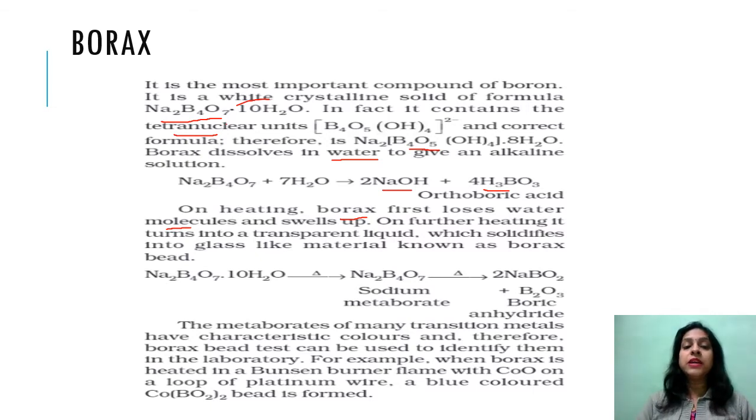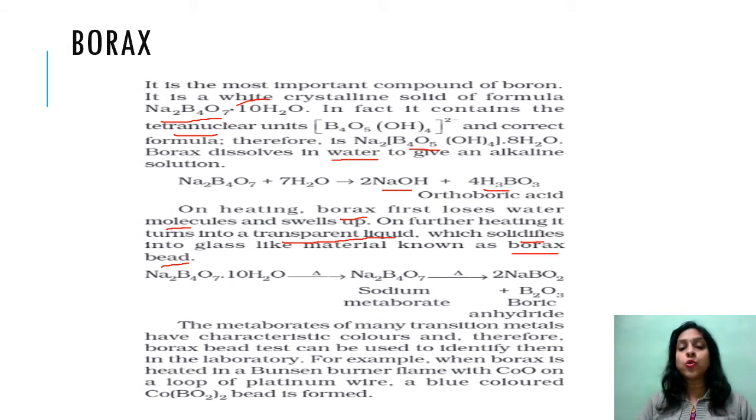And on further heating, it turns into a transparent liquid, which after cooling solidifies and is converted into the borax bead. इससे छोटी छोटी beads, माला के मोती की तरह की beads बनती हैं इसकी.